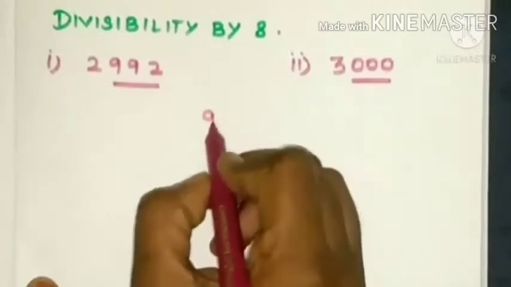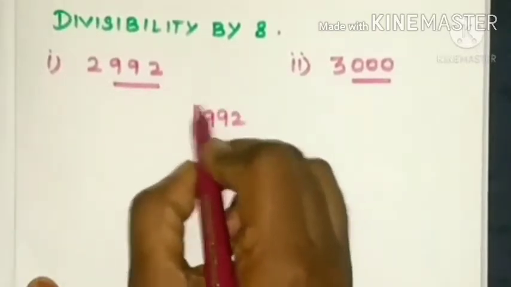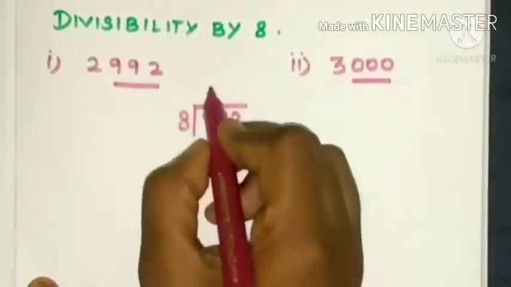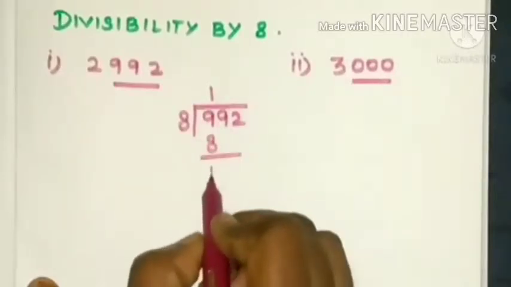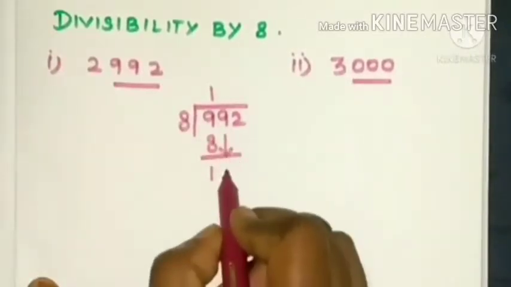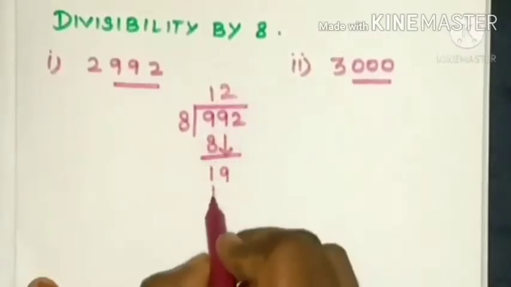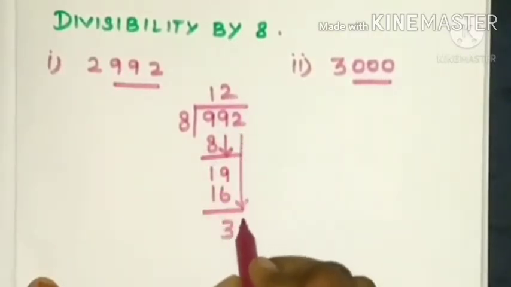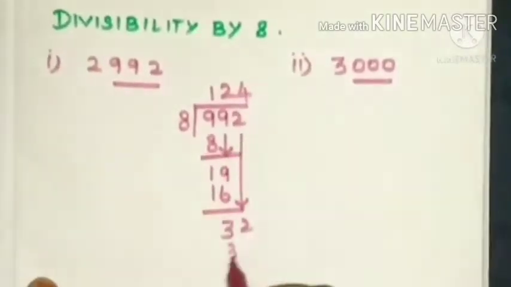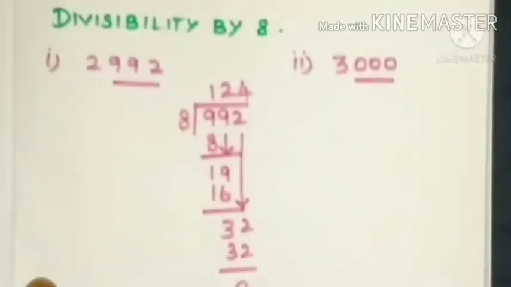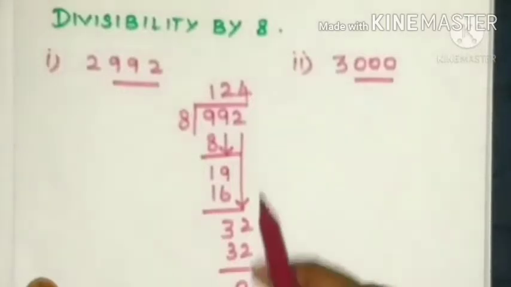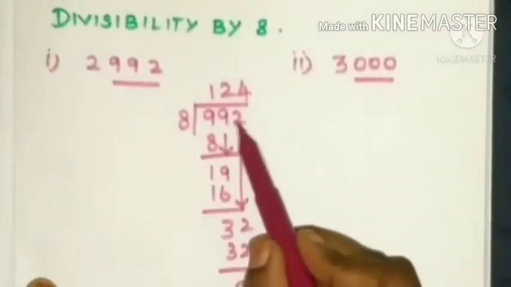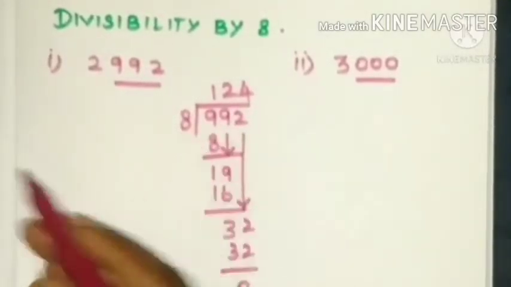Let's check. 992 is divisible by 8 or not. 8 ones are 8, remainder 1. Then 8 twos are 16, remainder 3. Then 8 fours are 32. Your remainder is 0. So 992 is completely divided by 8.